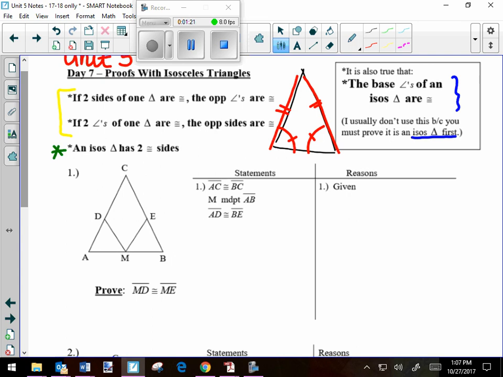So if we look at question number 1, they are asking us to prove that MD and ME are congruent to each other. When we are asked to prove segments congruent, oftentimes it is the case that you want to make the triangles they are a part of congruent first.